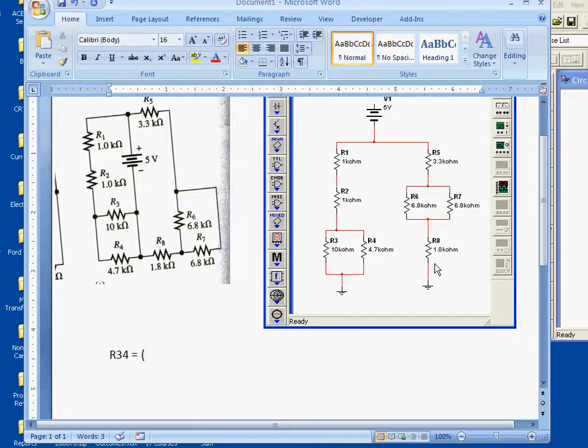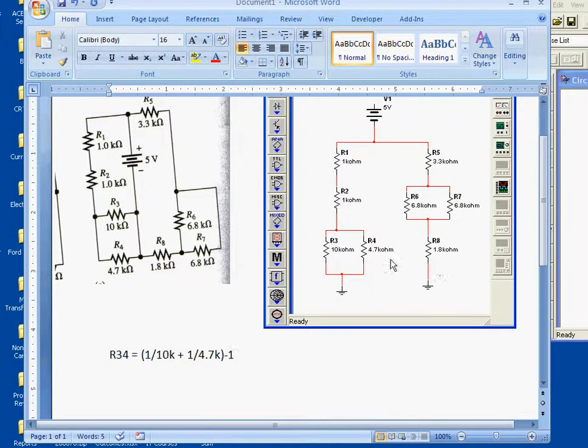the inverse of 10K, so 1 over 10K, plus the inverse of 4.7K, and then we'll take the inverse of that.